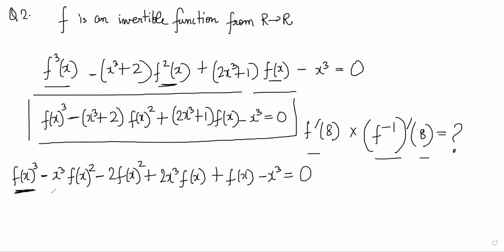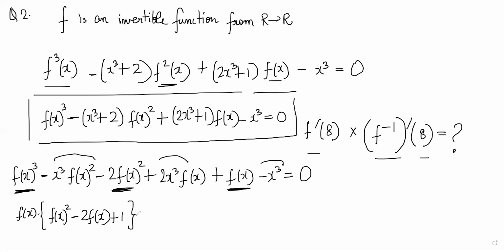See this and this and this. You can take f of x common, it will become f of x square minus 2 f of x plus 1. And in this and this and this, you take x cube common. You'll get f of x square minus 2 f of x plus 1.